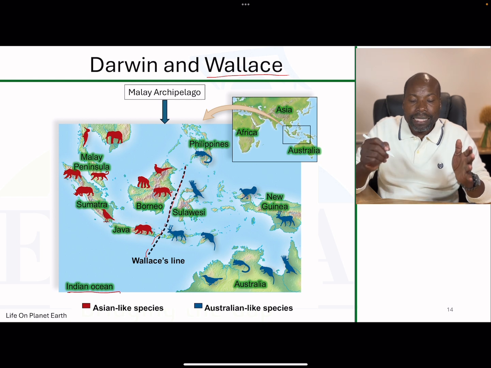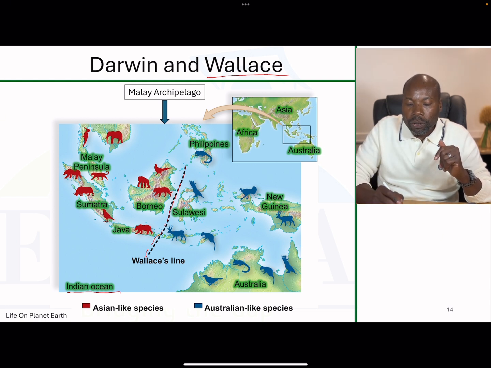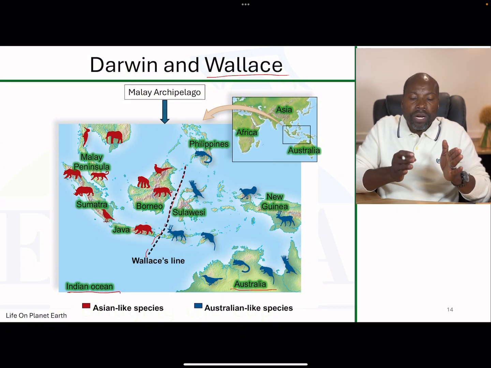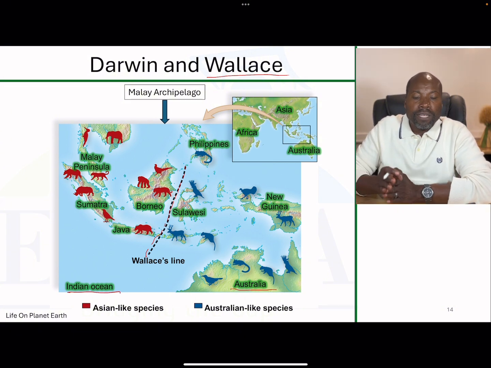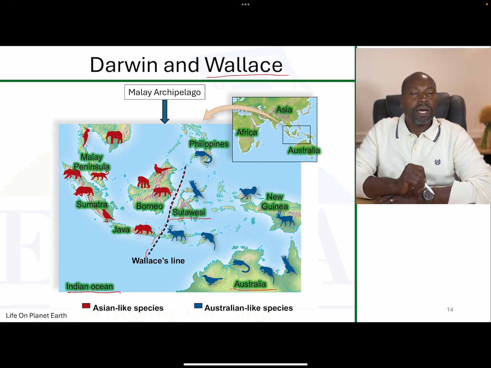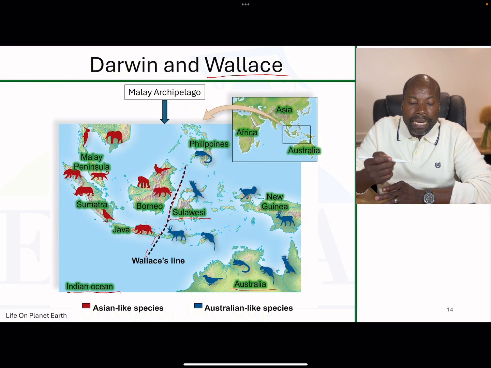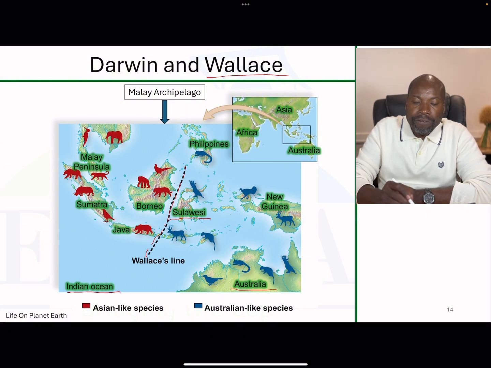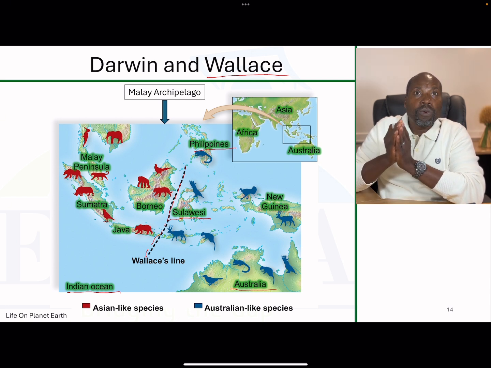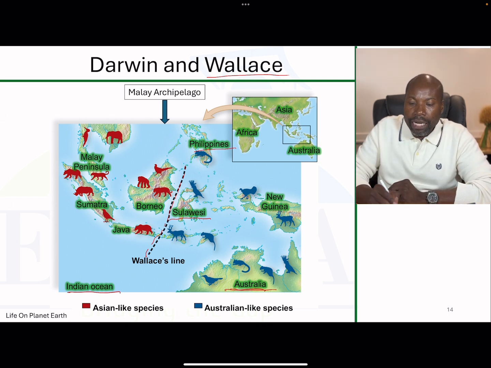That Wallace line actually shows that when you consider the animals that occur in Australia and the animals that occur on one side of the line, and specifically in the Sulawesi Islands, the Philippines, the animals were very similar to the animals that were found in Australia, in Papua New Guinea.